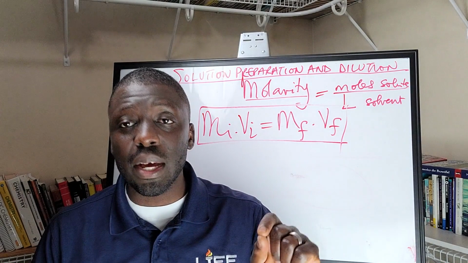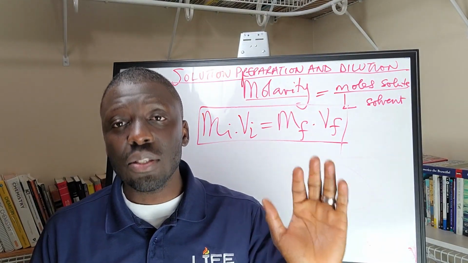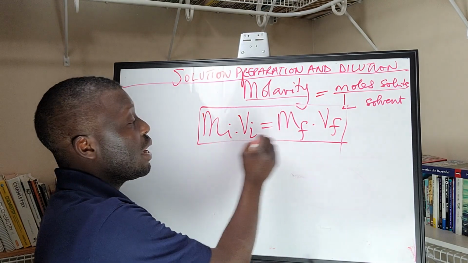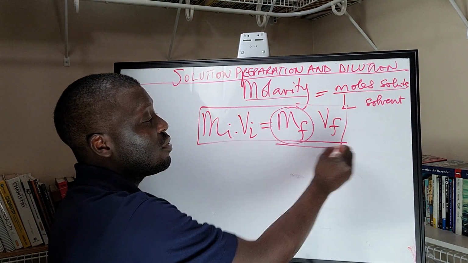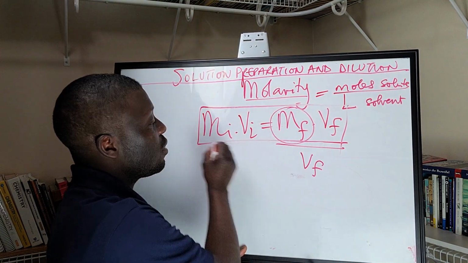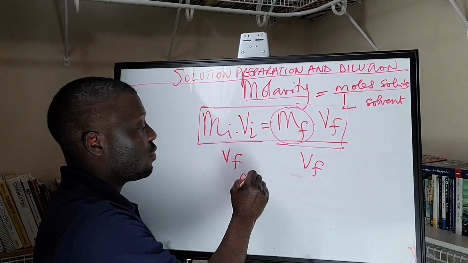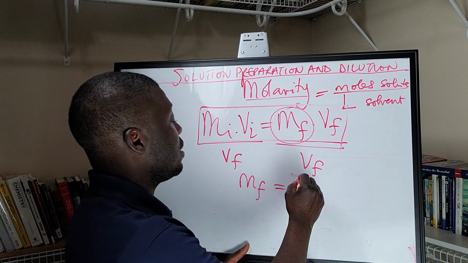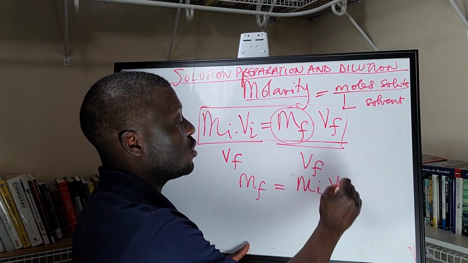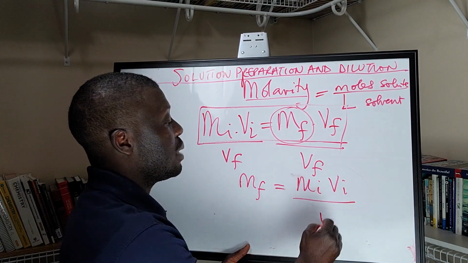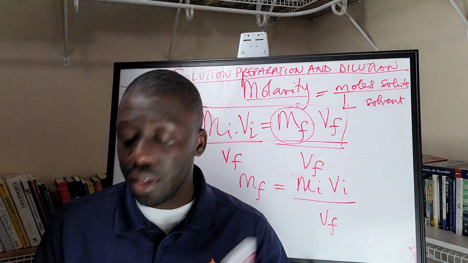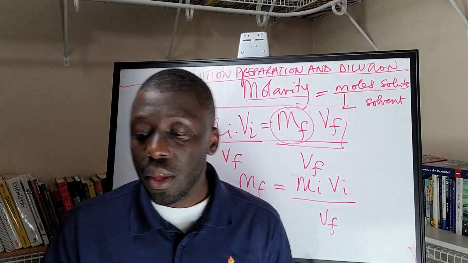Write down the formula, write down what you've been given, and solve for what you're looking for. In this case, if you're solving for final molarity, you divide both sides by the final volume, so the final concentration is the initial concentration times the initial volume divided by the final volume.